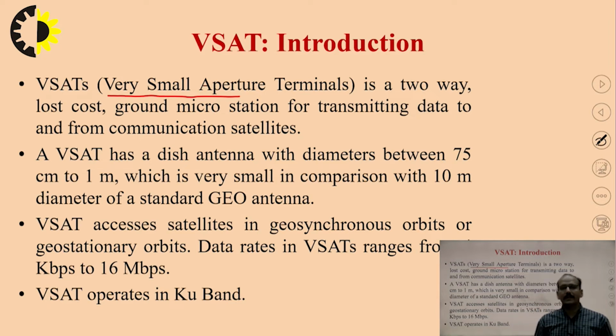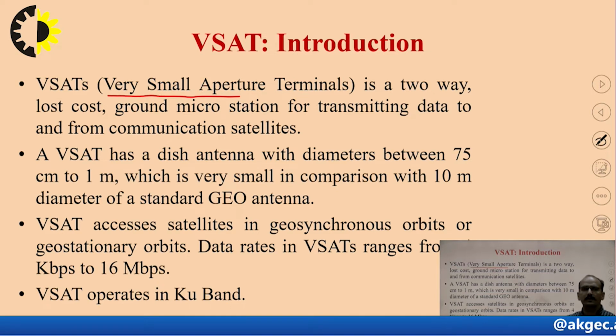VSAT has a dish antenna with a diameter between 75 centimeters to 1 meter, which is very small in comparison with the 10 meter diameter of standard GEO antennas used in the basic earth station. VSAT accesses satellites in geosynchronous or geostationary orbits, and the data rate in VSAT ranges from 4 kilobits per second to 16 megabits per second.